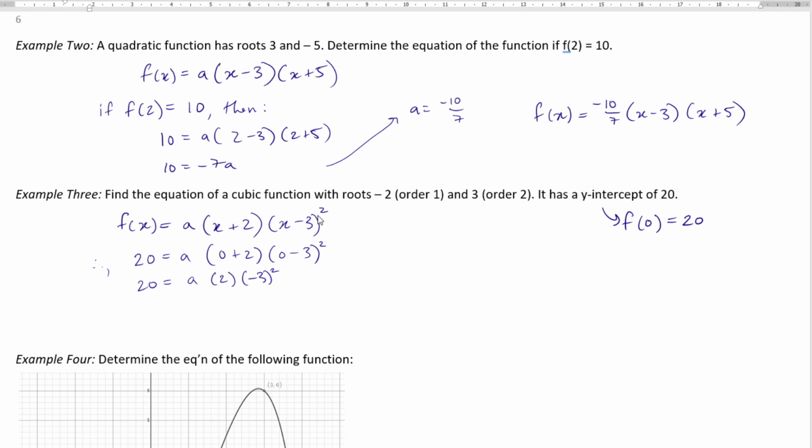So 20 is equal to a times 2 times (-3) squared. The -3 squared is 9, 9 times 2 is 18, and then I would have 20 over 18 is equal to a, which can be reduced to 10 over 9. Therefore, the equation of the cubic function would be f(x) equals 10/9 (x plus 2)(x minus 3) squared.